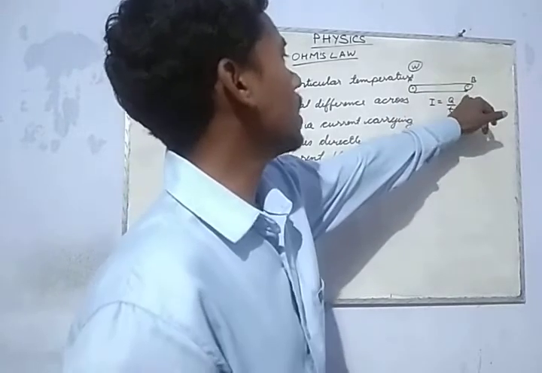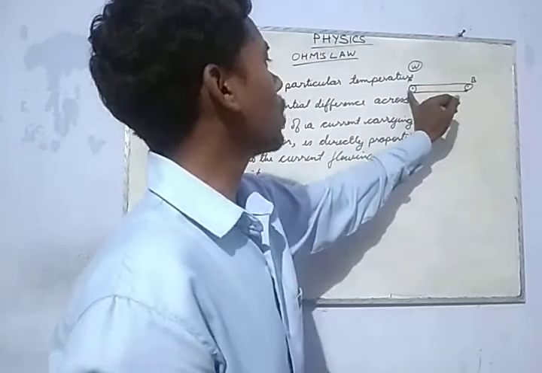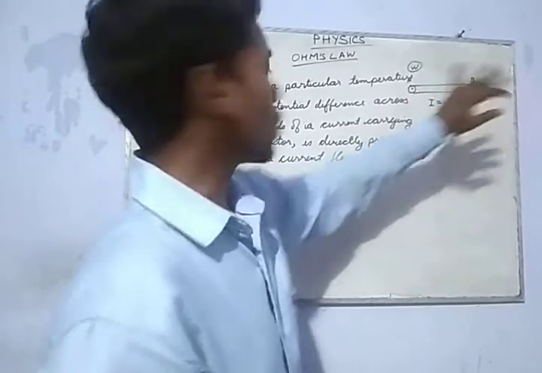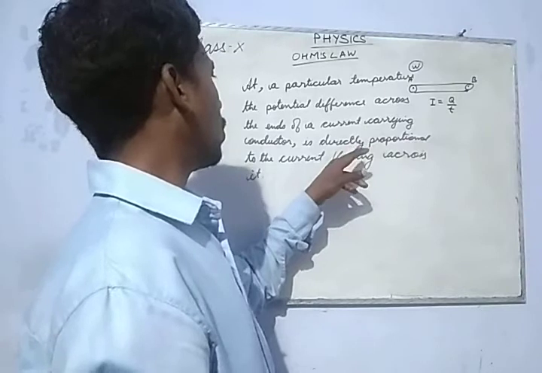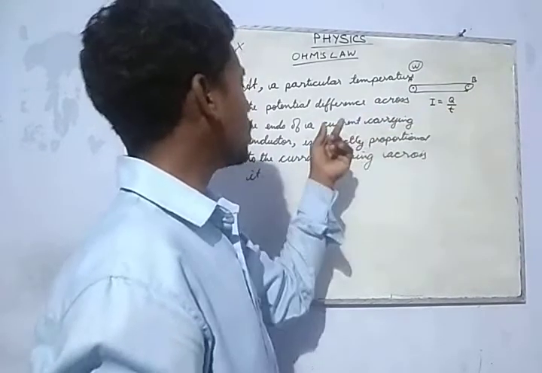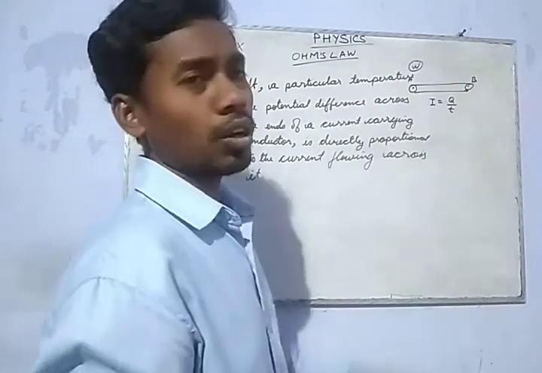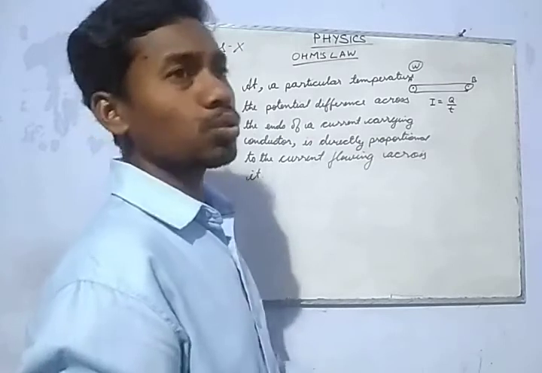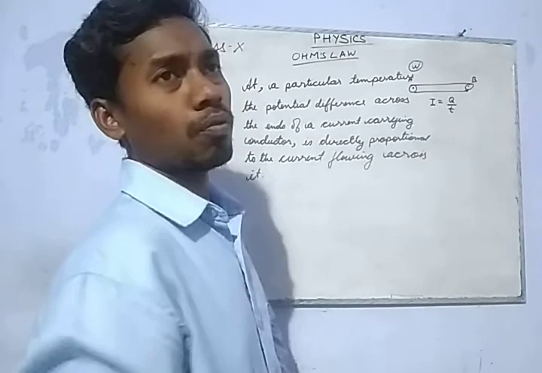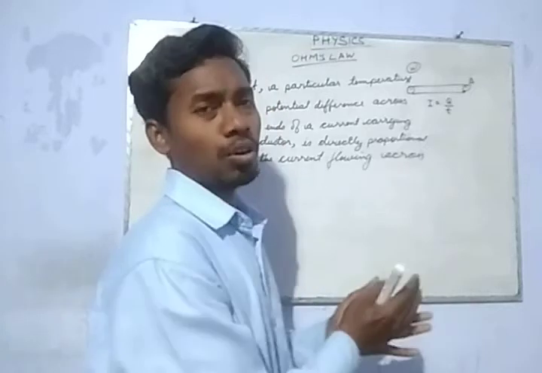So this is the current carrying conductor, and the work is done in moving a charge from A to B. Okay, so on what factor does this work done depend? This work done will depend upon the amount of current we want to flow through the conductor. For example, if I want 1 ampere current to flow, we will do a certain amount of work.